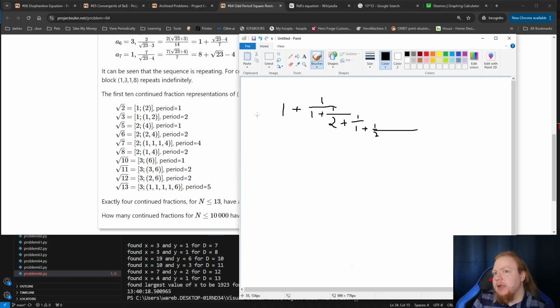So if we want to calculate for the square root of 3 these convergent fractions, the first one is 1 plus 1 over 1, so 2. And then the second one is 1 plus 1 over 1 plus 1 over 2, so 1 plus 1/2 is 3/2. 1 divided by 3/2 is 2/3. 1 plus 2/3 is 5/3.